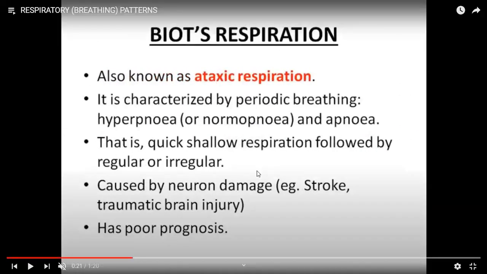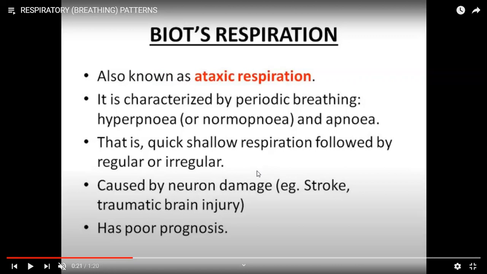Now we have this respiratory pattern known as biorespiration. It's also known as ataxic respiration. It's characterized by periodic breathing, that is, hyperpnea, which means rapid breathing, or you could have eupnea, which is normal breathing, and then apnea.